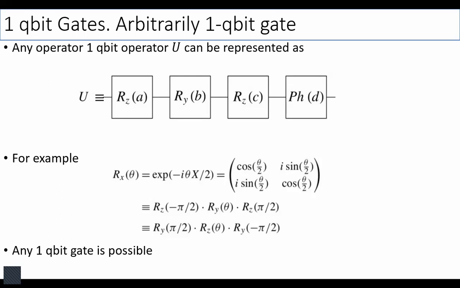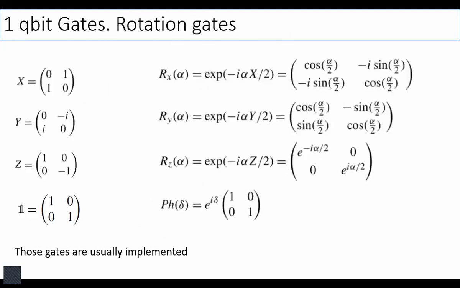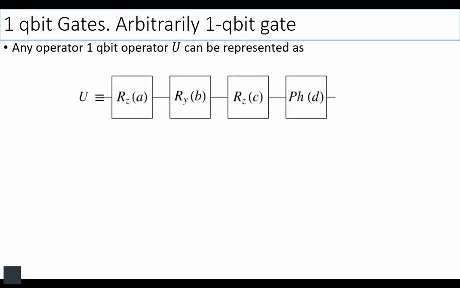The answer is yes, because I am able to run any of those operations. I have 4 operations here, and if I can run them, then I can create a scheme for any 1-qubit operator.